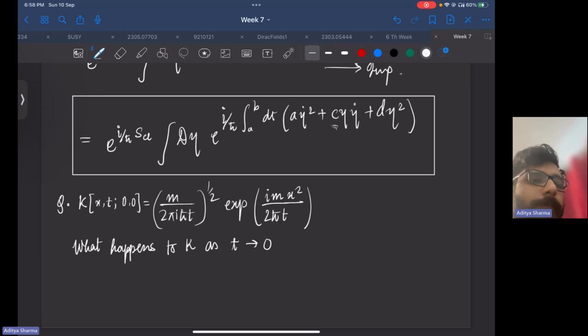That means as t tends to zero, if x also tends to zero, what will happen? In other words, what is the probability distribution?